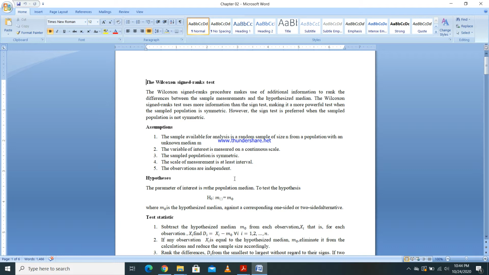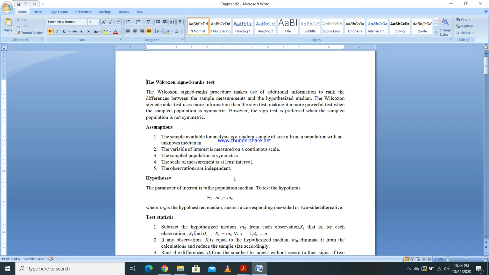Today I'm going to discuss another testing procedure, which is known as the Wilcoxon signed rank test. This is a bit similar to the sign test, but when you compare the sign test with the Wilcoxon signed rank test, the Wilcoxon test is more powerful.